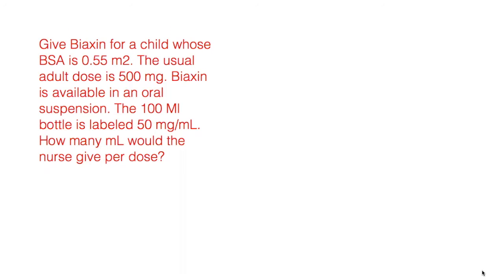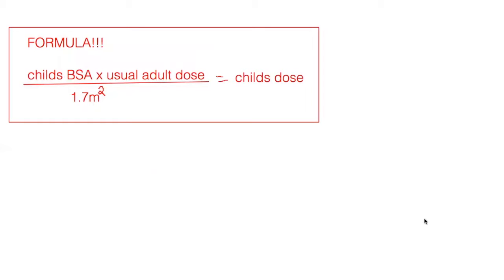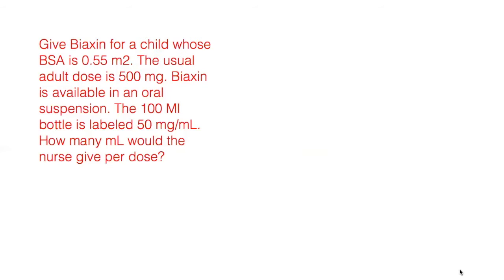So if we look here at our formula, which is child's BSA times usual adult dose divided by 1.7 meters square, is going to give us the child dose. Here we're just going to plug in our numbers. So if we go back to our question, the first thing we want to know is the child's BSA, which is indicated here, 0.55 meters square.